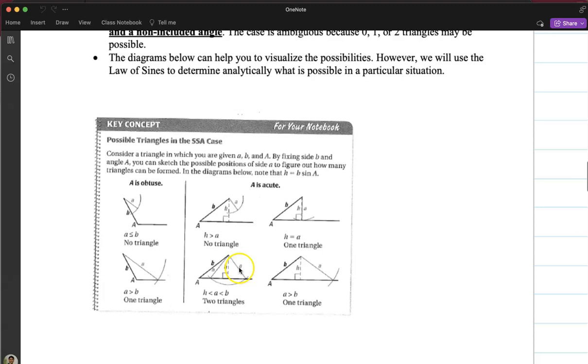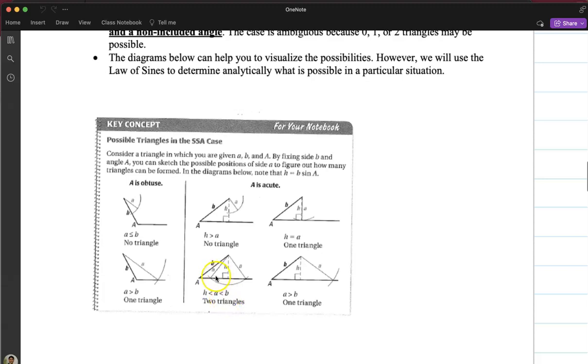When a is greater than h, it will cut at two places, because when it equals h it cuts at only one place.